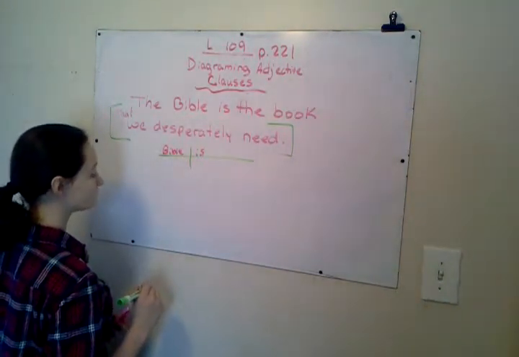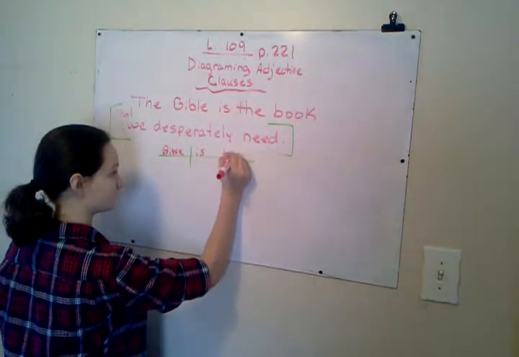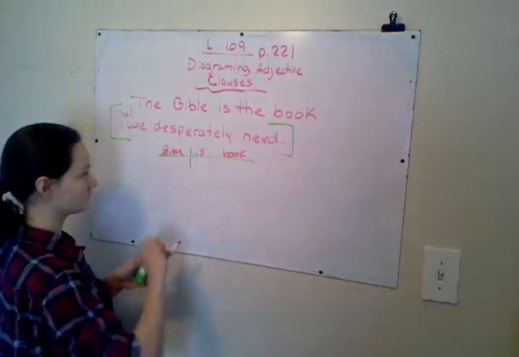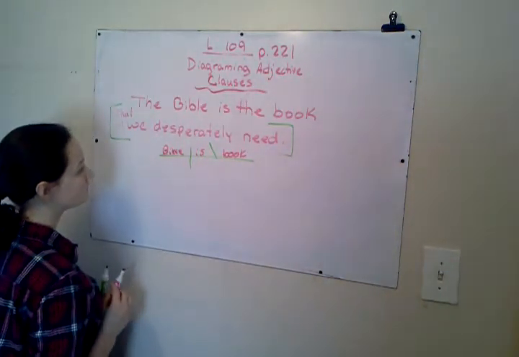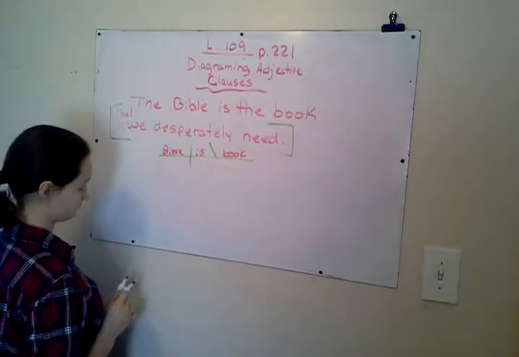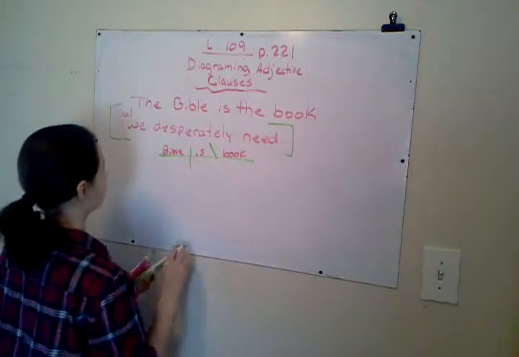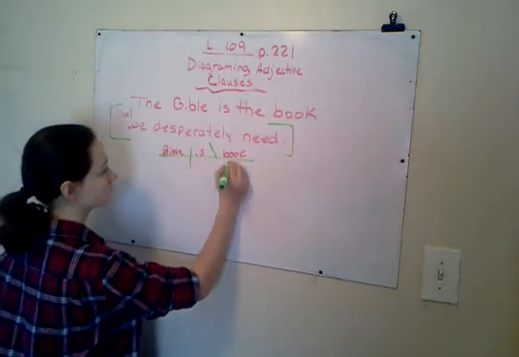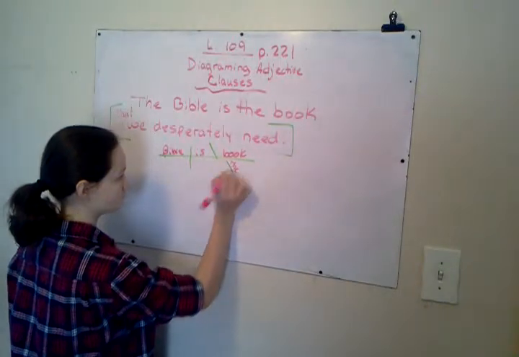Book is a noun, so it makes it a predicate nominative. Regardless, we make the backward slashed line, which shows that book is restating the subject. Bible and book are the same thing. So Bible is book. And then just put in the modifier the as an adjective under the word book. It's the book. And that's the main sentence.